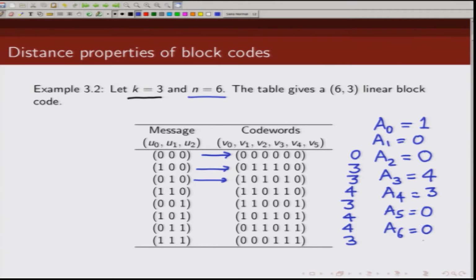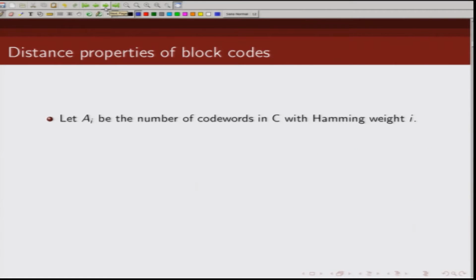And you can do a quick check: the number of code words should add up to the total number of code words that we have, which is 8, 1 plus 4 plus 3. So, we are denoting by A_i the number of code words in this linear block code with Hamming weight i.